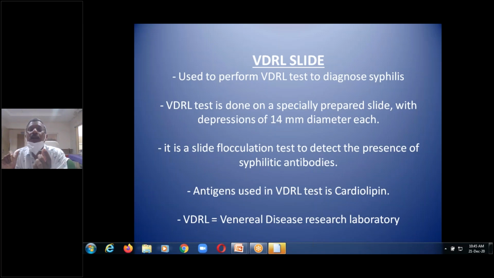What is VDRL? Venereal Disease Research Laboratory test. This is the special slide for the detection of only syphilis, not for other antibodies. Please all of you see the VDRL slide.